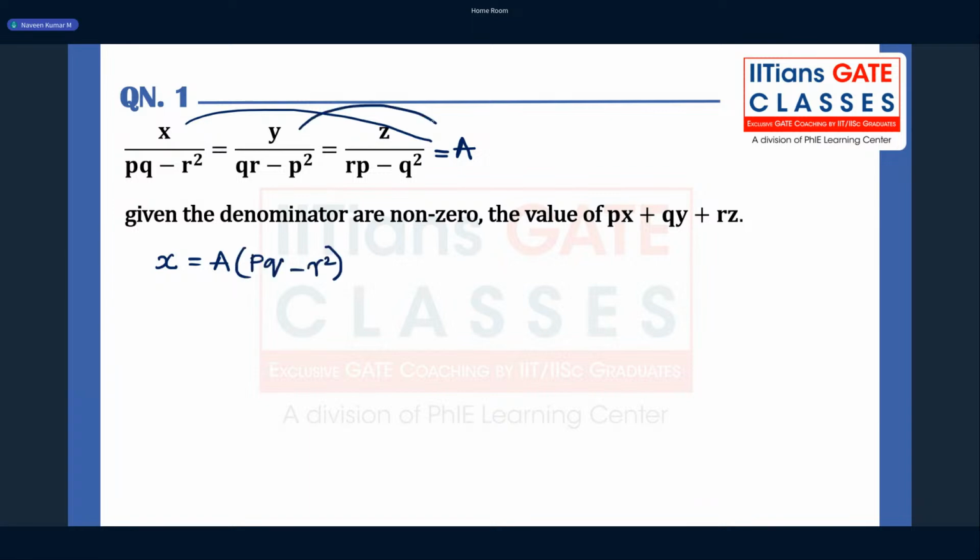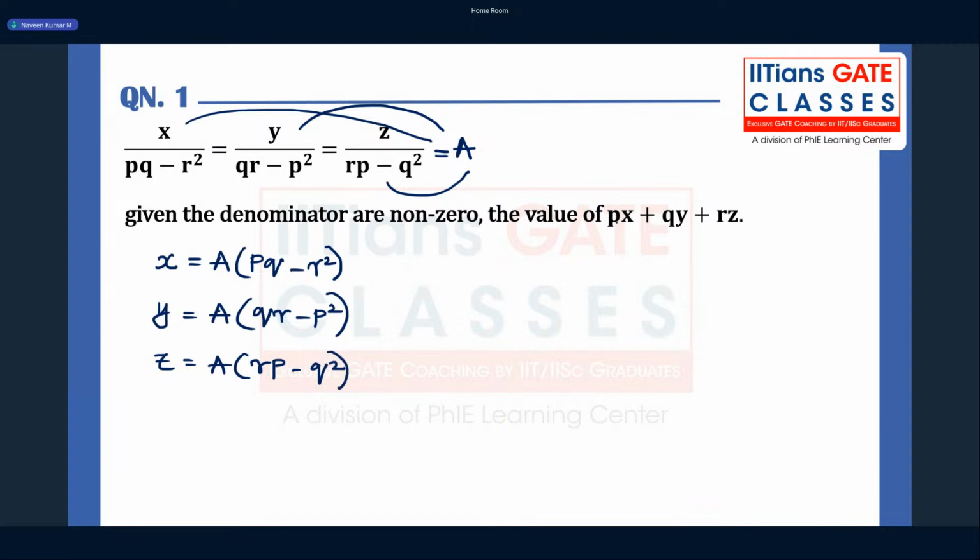Then y is equal to a into qr minus p square, and then z is equal to a into rp minus q square, right?